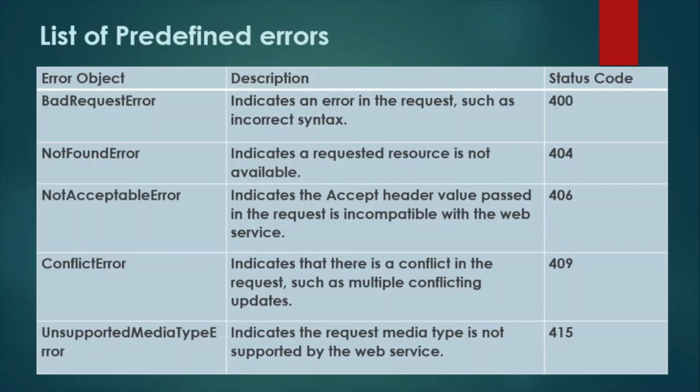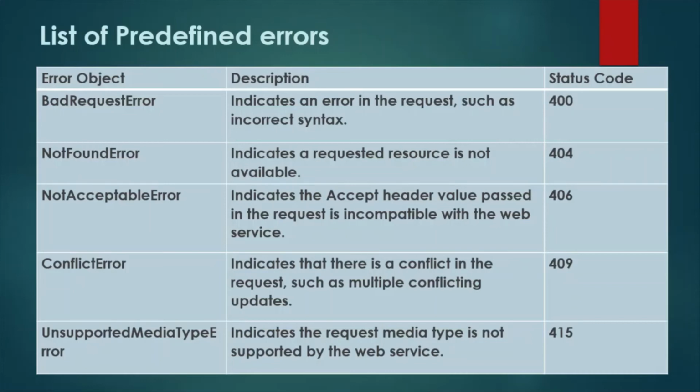Now we are going to discuss the list of predefined errors. In HTTP we have a list of predefined errors called HTTP status codes. So let's try to understand. For status code 400, the error object is BadRequestError, that indicates an error in the request such as incorrect syntax.